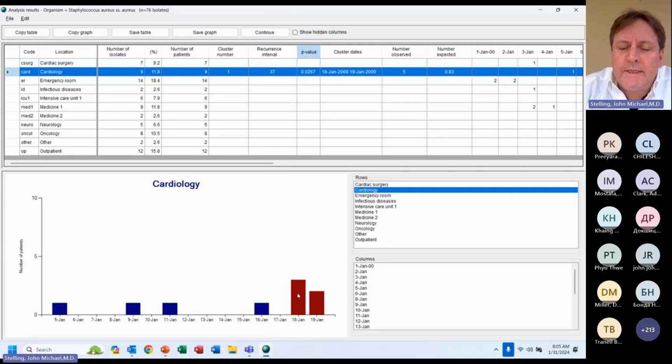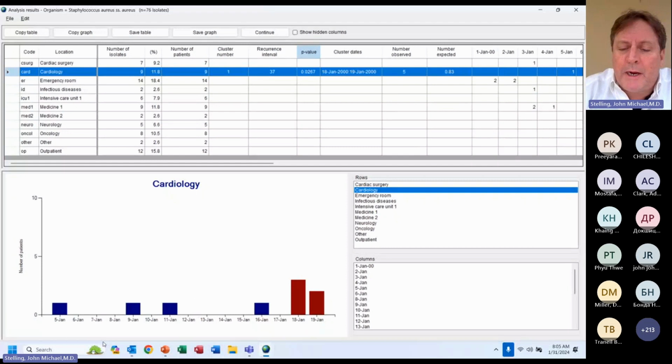So SaTScan is saying that this is statistically significant on January 18th. That doesn't mean it was the start of the outbreak. The outbreak might have started on January 16th. The outbreak might have started on January 5th. So SaTScan does not know exactly when these outbreaks start and when they end. SaTScan simply tells you, this is statistically expected, this is statistically unusual.